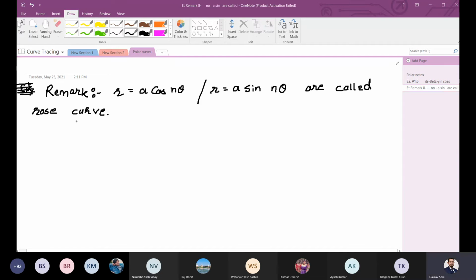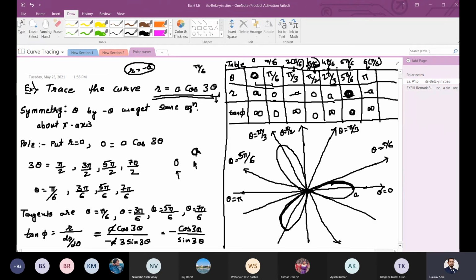So if you see such an equation, it is always a rose curve. What is rose curve? This type of curves are called rose curve.